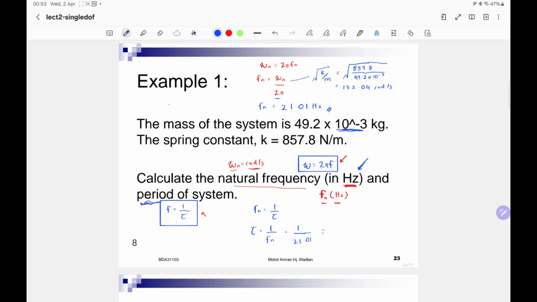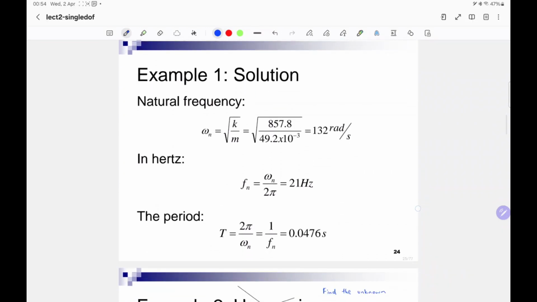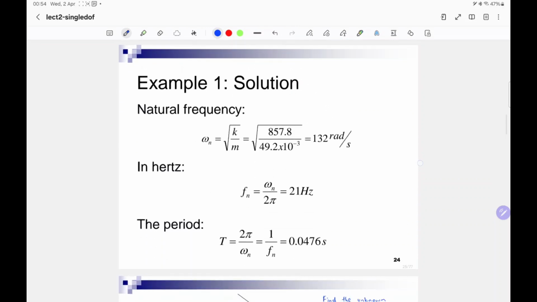Using your calculator, we will get 0.048 seconds. So we have already determined these two. Try on your own and you can check the answer from here.